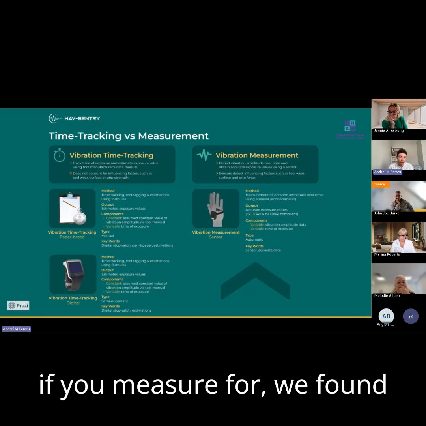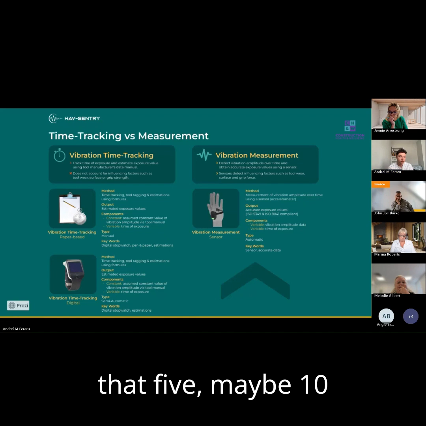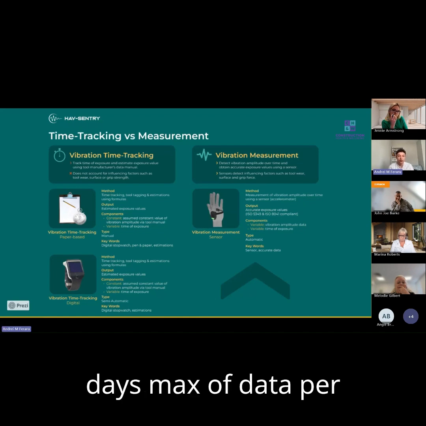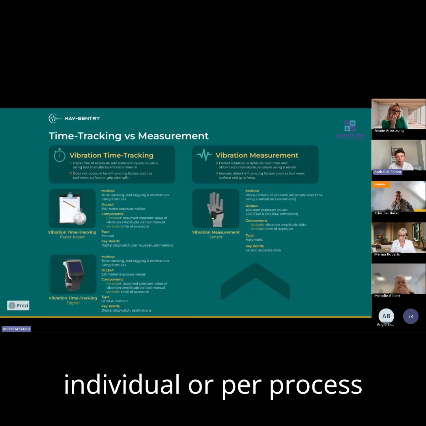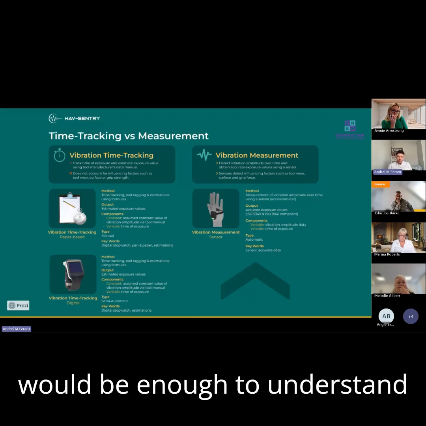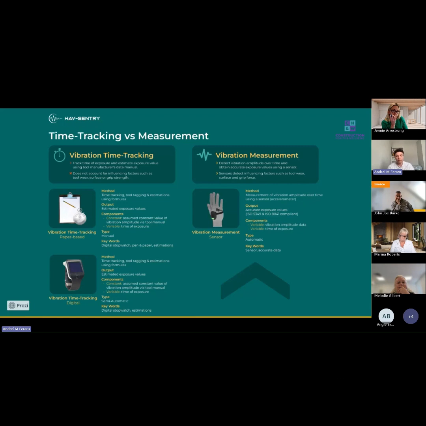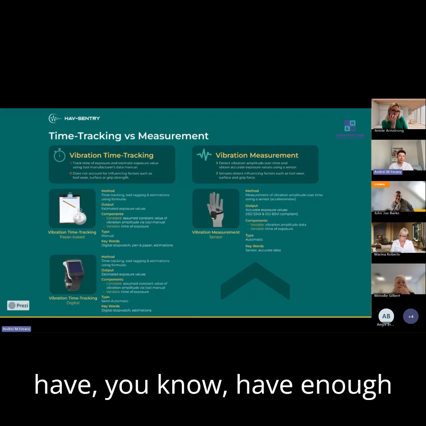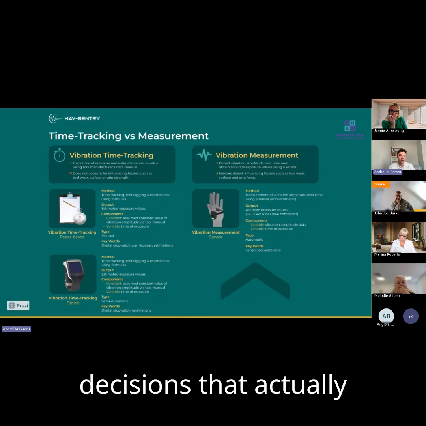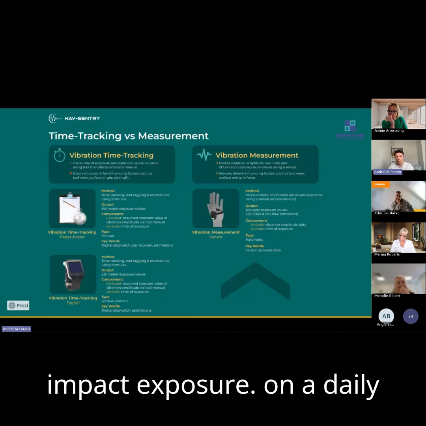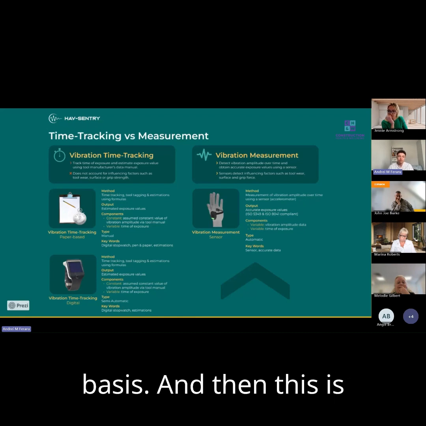We found that 5, maybe 10 days max of data per individual or per process would be enough to understand what the root cause is and have enough data to make real decisions that actually impact exposure on a daily basis.